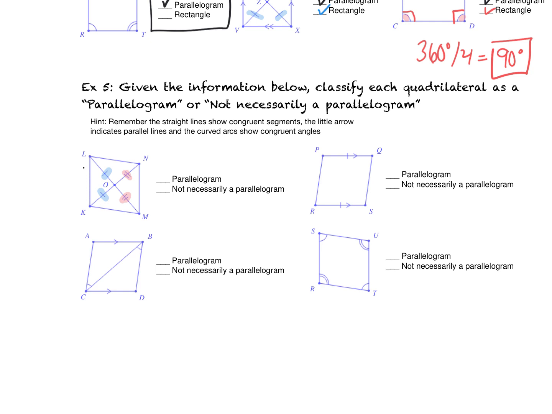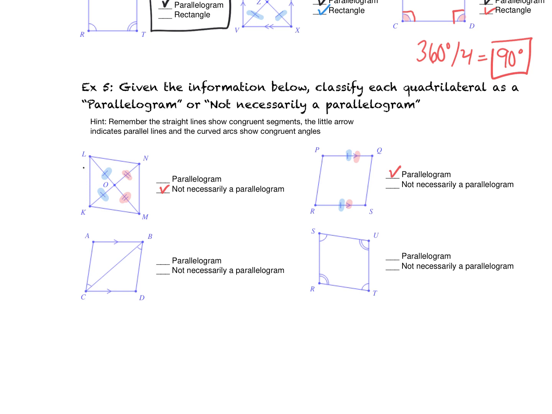The diagonals are not getting cut in half. Therefore, this one is not a parallelogram. In the second picture, the markings give us that these two sides are congruent and they are parallel. And if one pair of sides is congruent and parallel, then that is indeed a parallelogram.